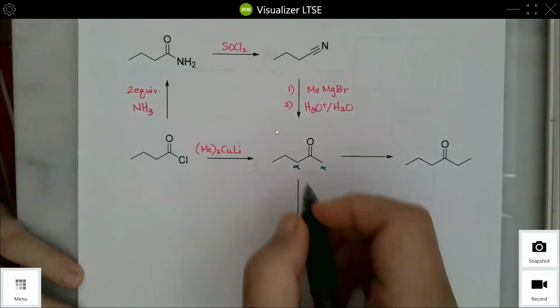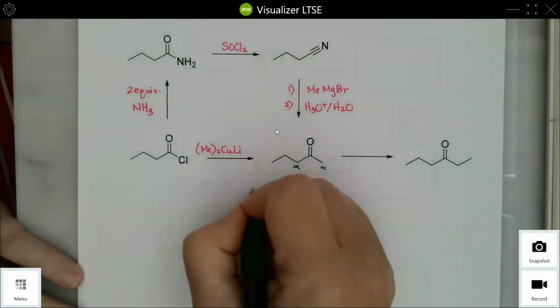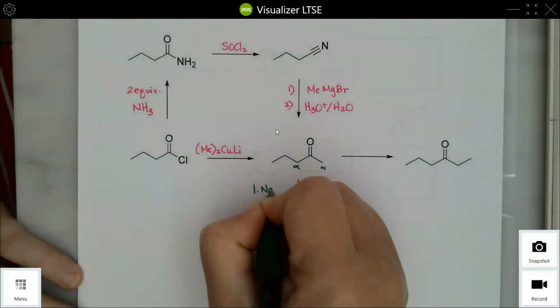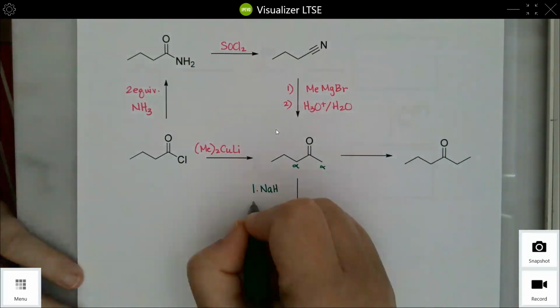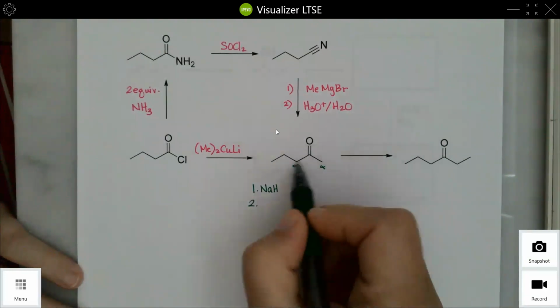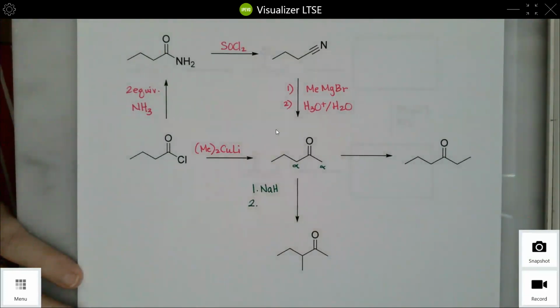So in this case, for the alkylation, for the small base, we use sodium hydride, and typically at room temperature or an elevated temperature. Sometimes they'll write 25 degrees Celsius, which basically means room temperature. That will form the most substituted, most stabilized enolate, right?